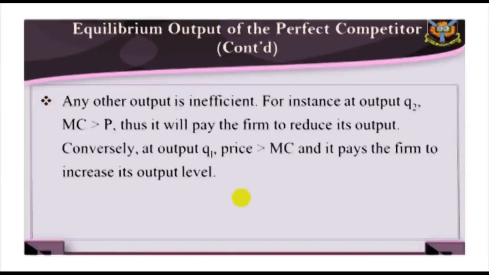On the other hand, it could make a loss if it is not covering average cost. Even when the firm is making a loss at this point, it could still continue in business provided it is able to cover at least its average variable cost.